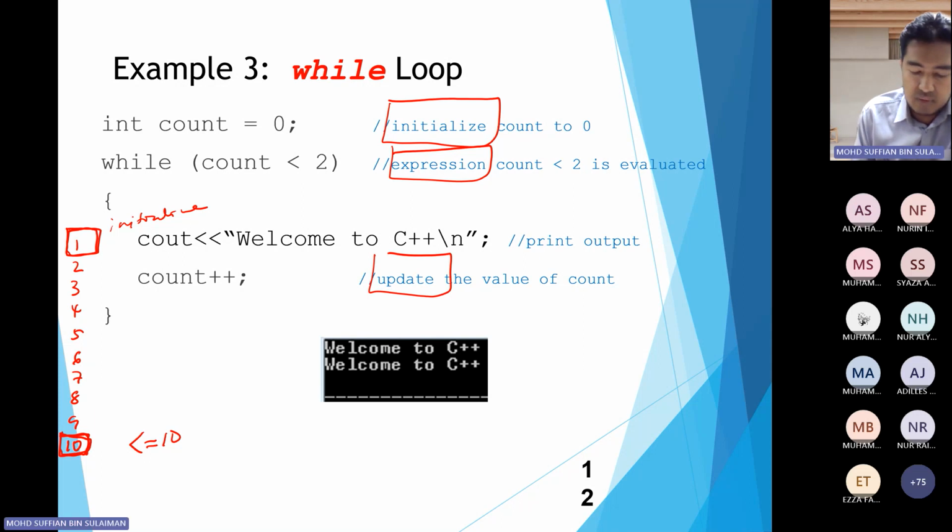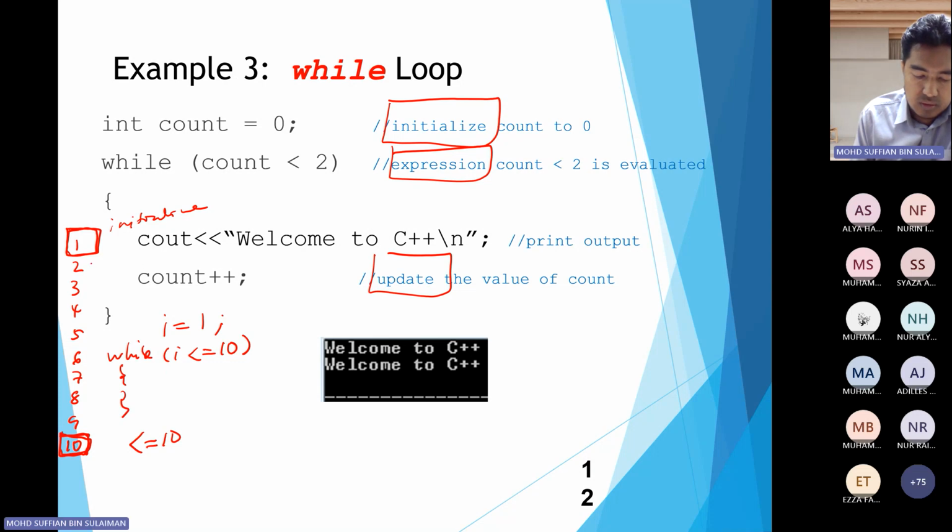Let's say we have the variable I, kan. Okay, maksudnya, so we have I start with 1. And then while I less than equal to 10. Okay, and then the statement.